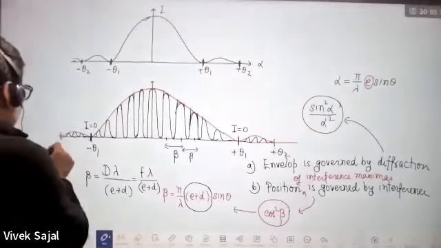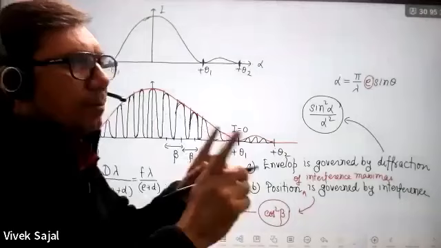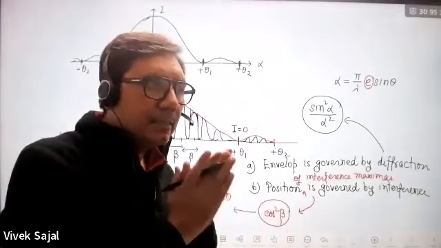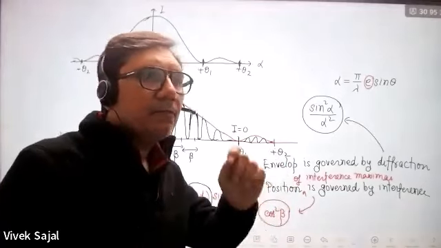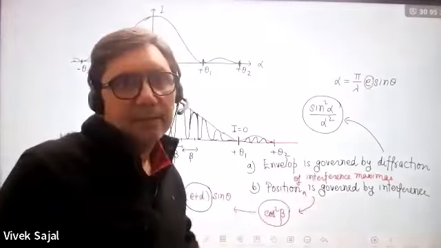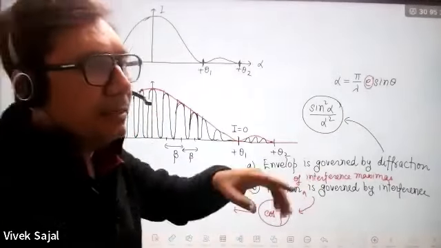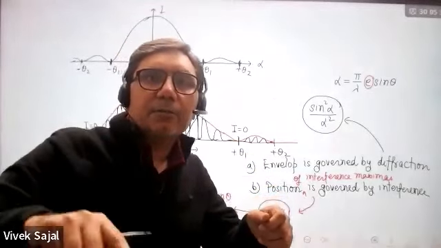This will be minus theta 2. So these are the directions in which no light is propagating. So if in the direction theta 1 or theta 2, some interference maxima is falling. Suppose here you are having a diffraction pattern. In the interference pattern, you are getting interference maxima of equal height.